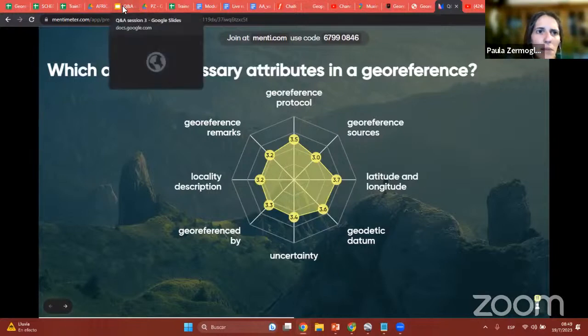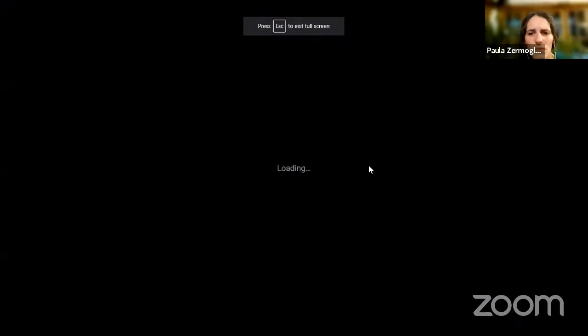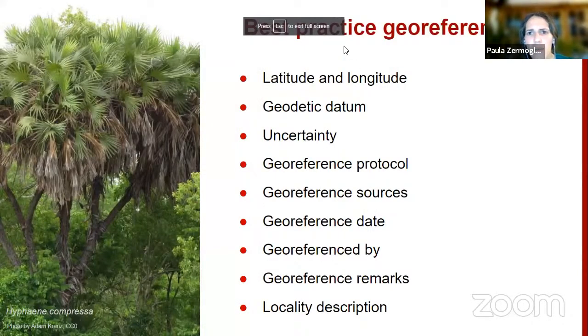Now let me go back to the presentation here. We have listed on the screen all the things that we had on the Menti, except we also included here georeference date, which didn't fit in the exercise before. But we have them all here: latitude and longitude, datum, uncertainty, georeference protocol, georeference sources, georeference date, who georeferenced, the remarks, and the locality description.